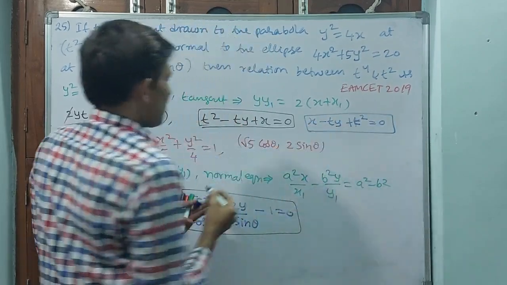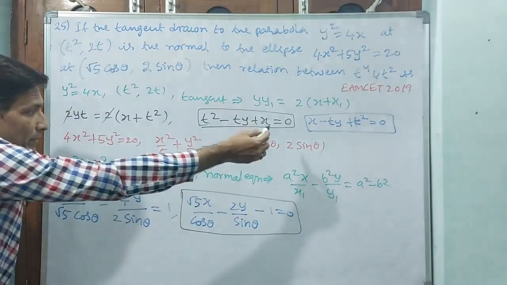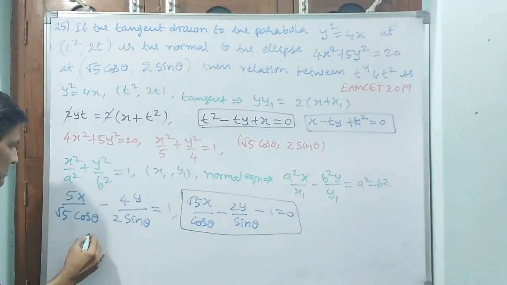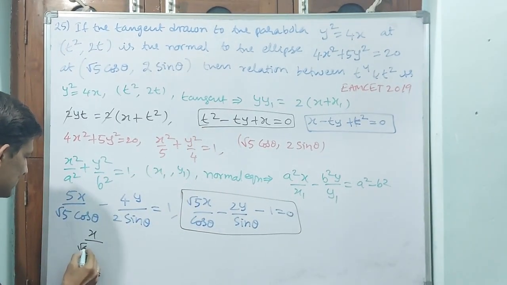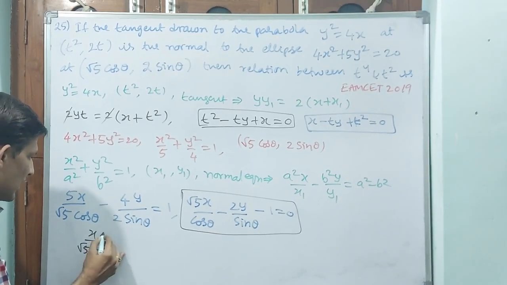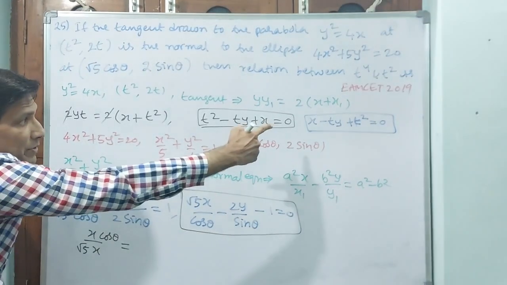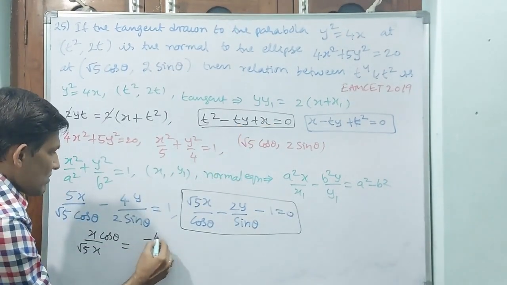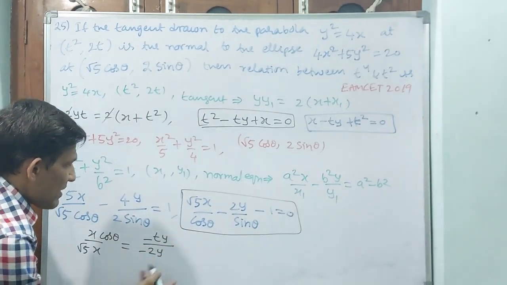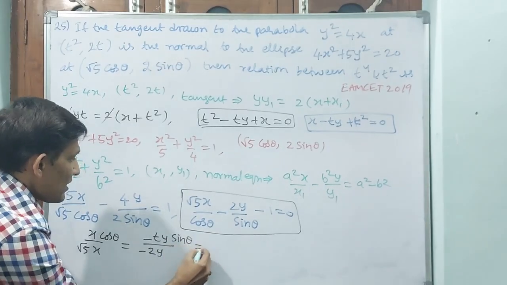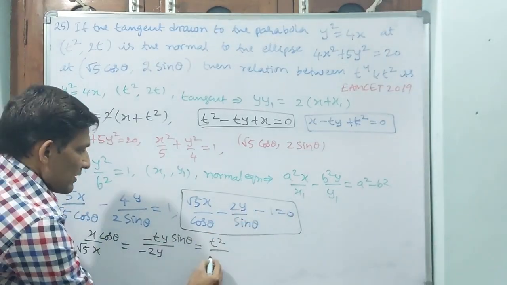Now you take this equation. Both are the same, but see, x and this x you have to compare. You see what I am writing: root 5x by cos theta is equal to minus ty, or rather minus 2y divided by sin theta, is equal to t square by minus 1.